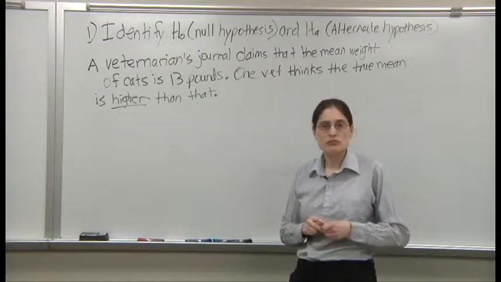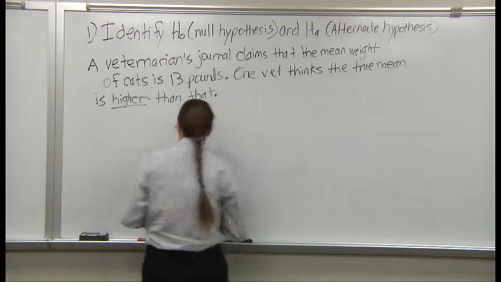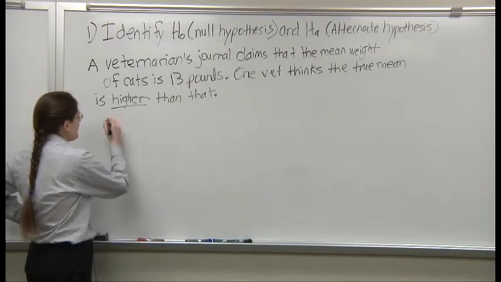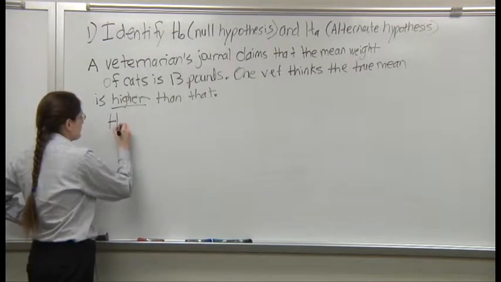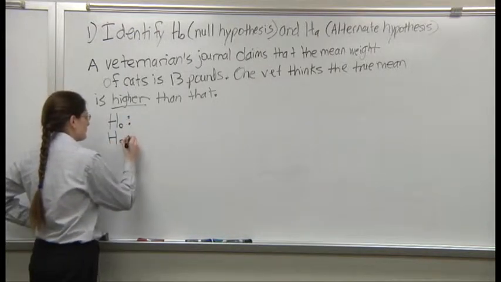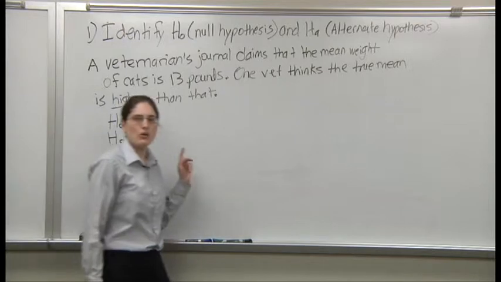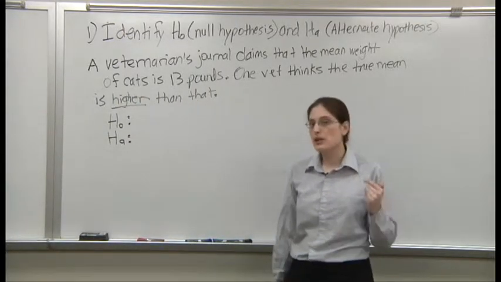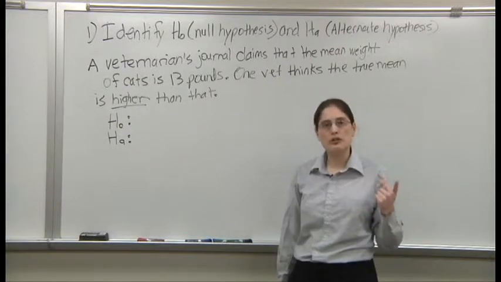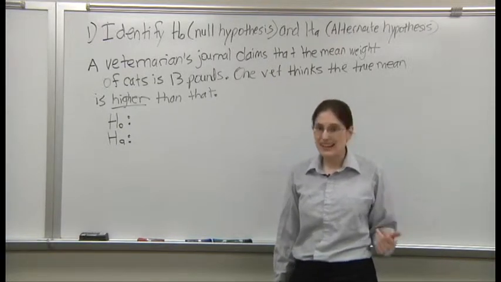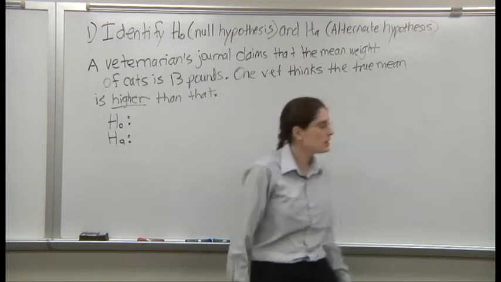So, what are our hypotheses going to be? Note, we don't know what the results of the experiment are yet. You can name your hypotheses before you even know what happened in the actual experiment. In fact, you should.